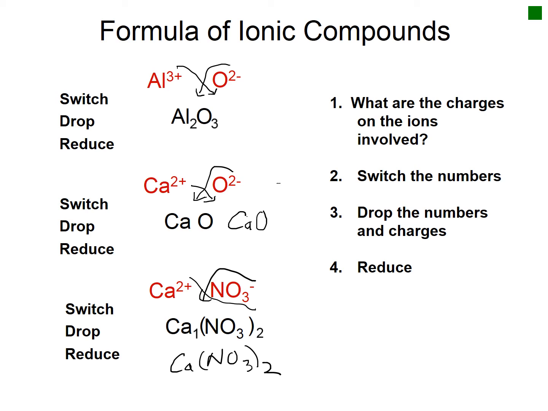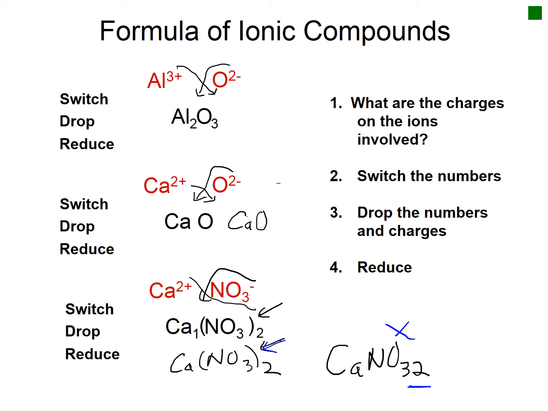Now one question is, why do we have these parentheses here? What do the parentheses mean? Well, if we instead forgot the parentheses and wrote CaNO32, if someone saw that, they would think, oh wow, this is a compound that has 32 oxygen because there's a 32 behind an O. That's going to be much different than if you have parentheses to denote that we don't have 32 oxygen, we have 2 sets of nitrate ions for every 1 calcium.